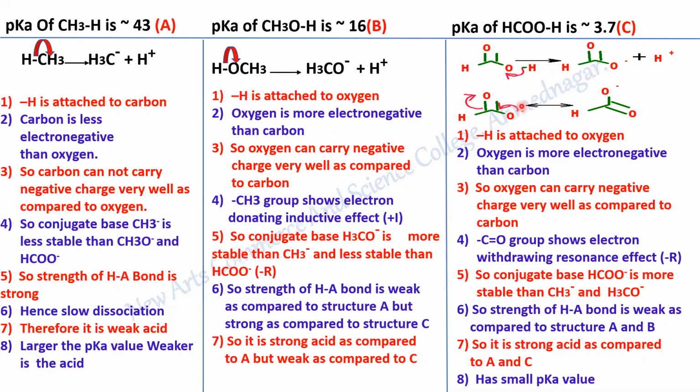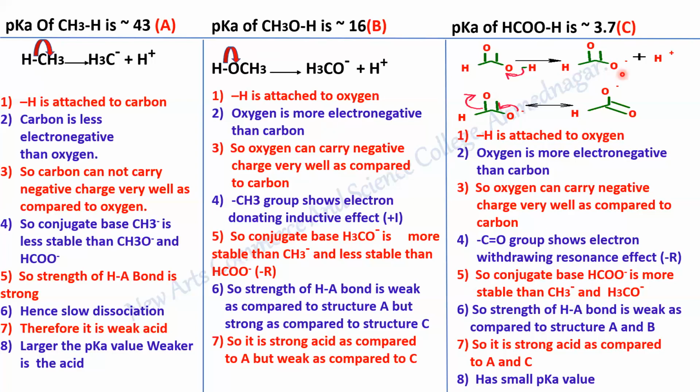So O minus goes back to this, forms a double bond here, and this double bond changes to a single bond. Because of this resonating structure, this conjugate base is stable.